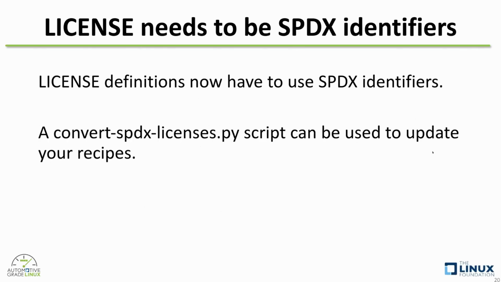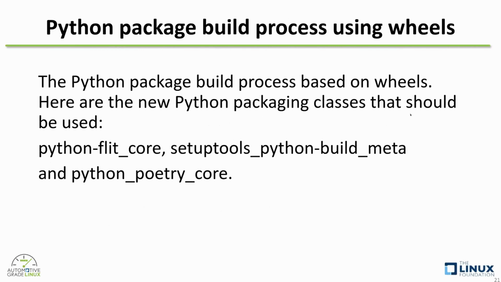License definitions now use the matching SPDX identifiers. To simplify that, there is a conversion script. Also, if you embed a Python package, or have to create a new Python package for a dependency, you have to use a new build process using wheels.